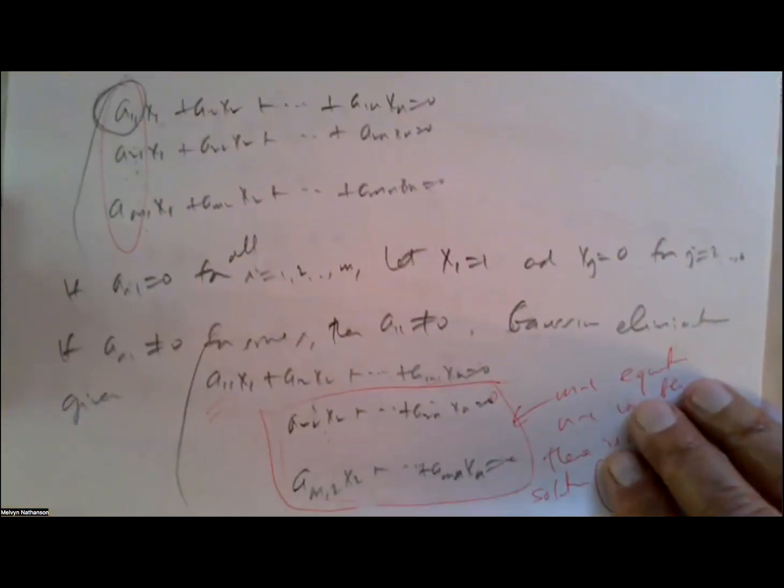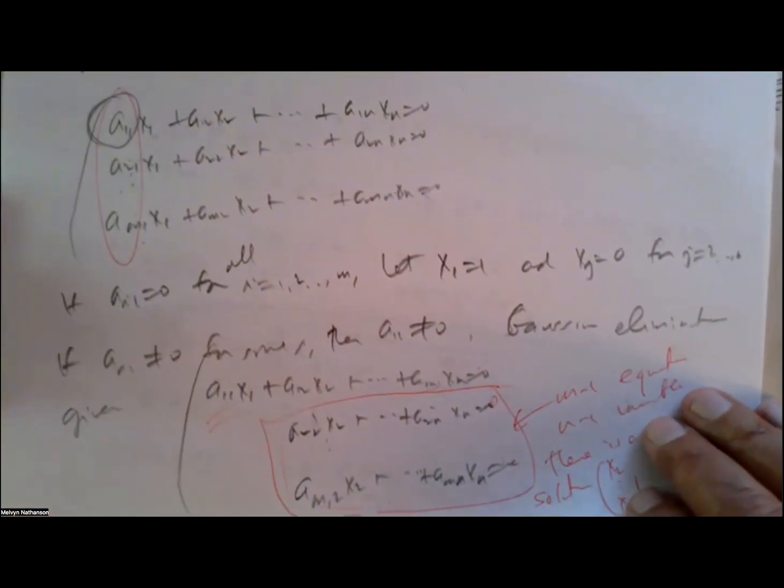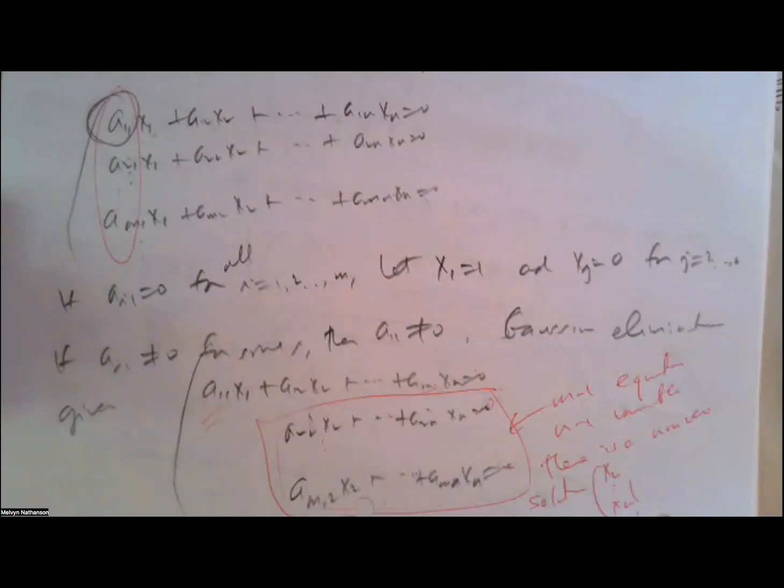For a homogeneous system, if you have more variables than equations, you have 2 variables for 1 equation, or 3 variables for 2 equations, or 100 variables for 76 equations, there's always at least one non-zero solution.